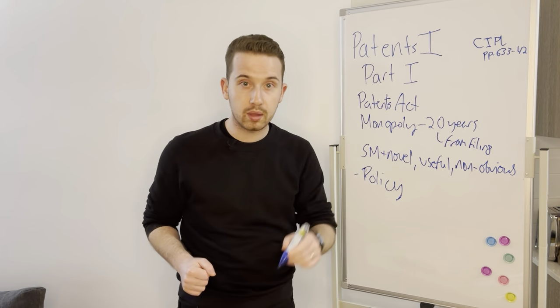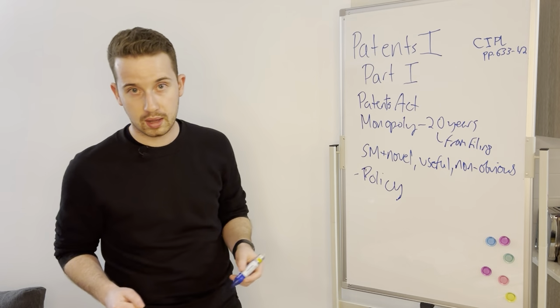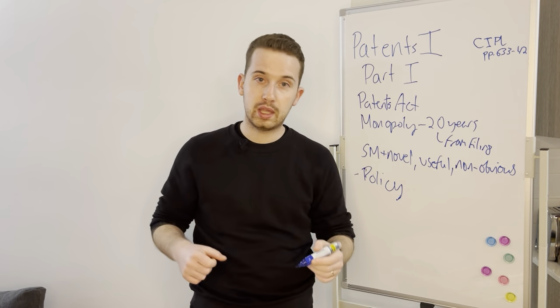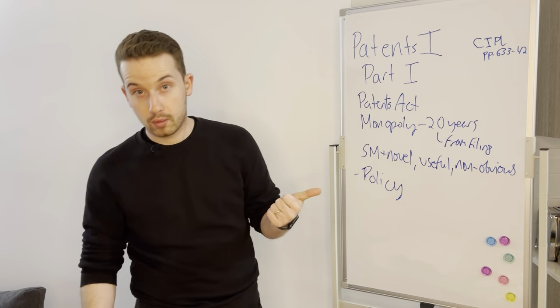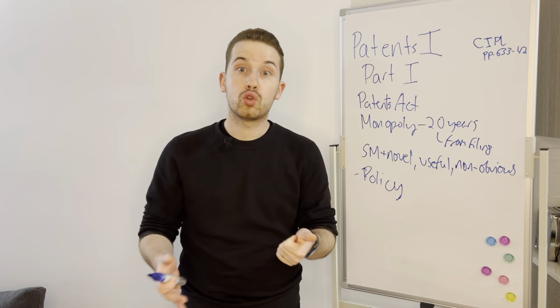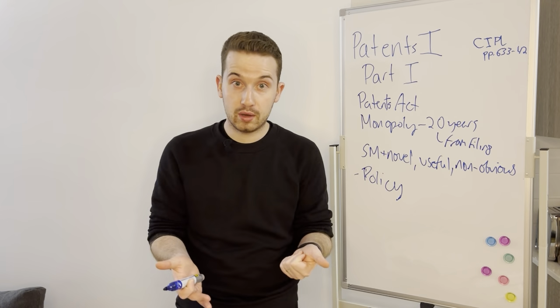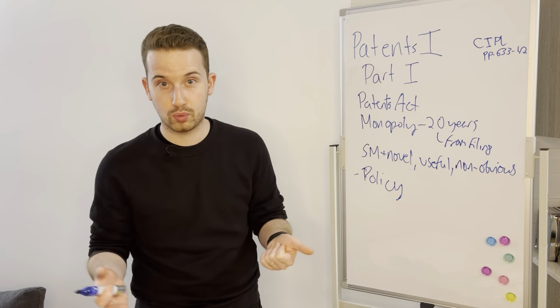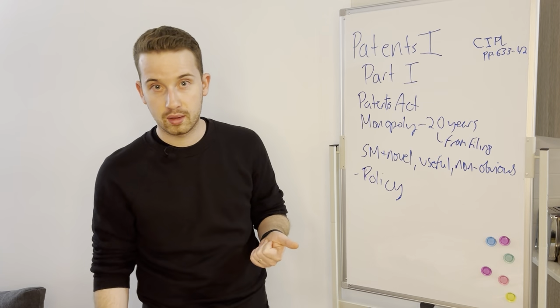That's a policy consideration that underlies this area of intellectual property law. Why do we give you a monopoly, right? Well, first, it's an incentive, right? Obviously, you're more likely to sit down and try to come up with stuff if you know that for 20 years you're going to be able to charge whatever you want and make a lot of money, right?